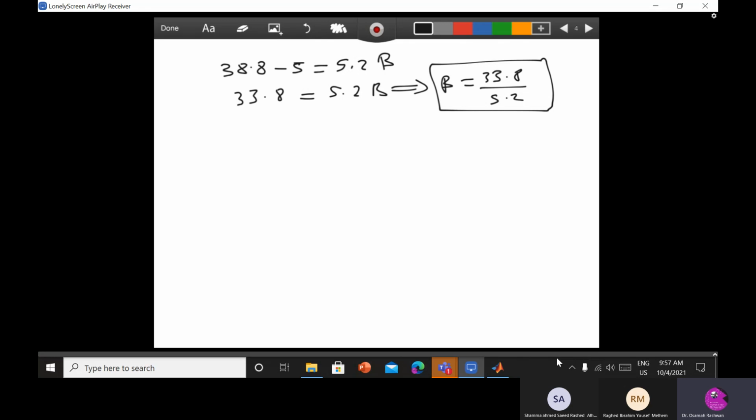Now, how to find C? For S equal to any value, just put 1.